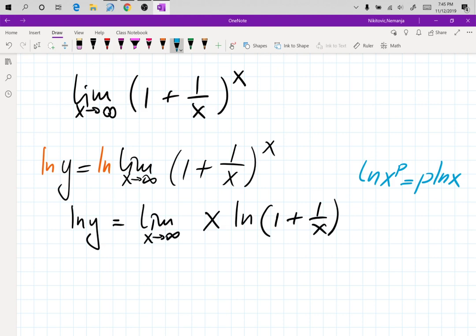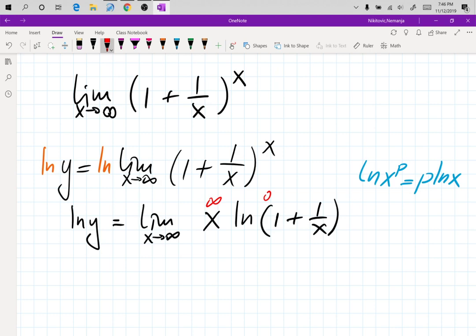So a year ago, right, for most of you, at least. And we use that formula to move this x in front of ln. Now that you have that, when you check this, we have infinity times 0. What's 1 over infinity?